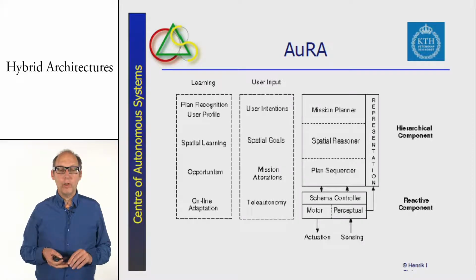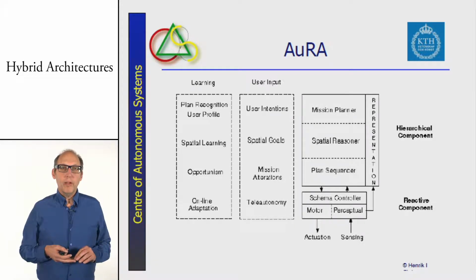In the middle you have the user that can communicate with the system, providing goals, indicating what could be done differently, even taking over control of the robot for a short while, but also monitoring the process.